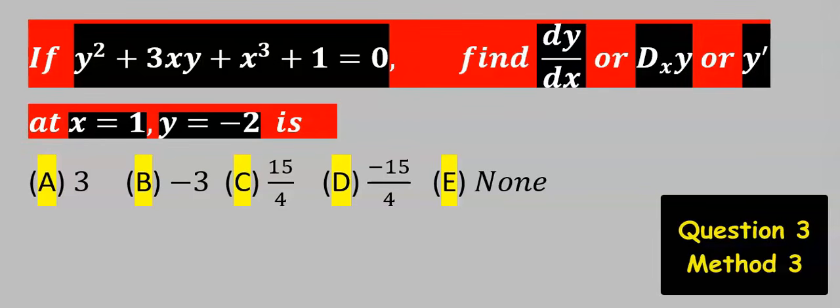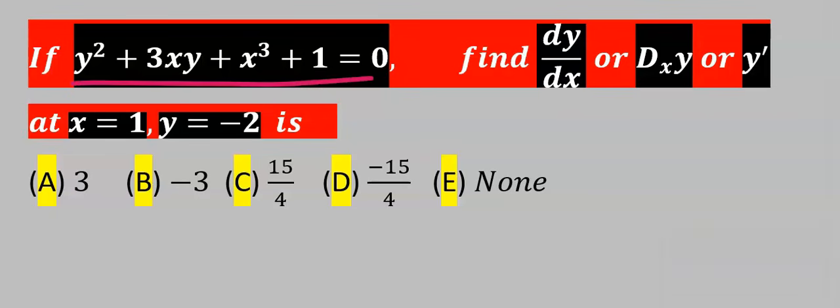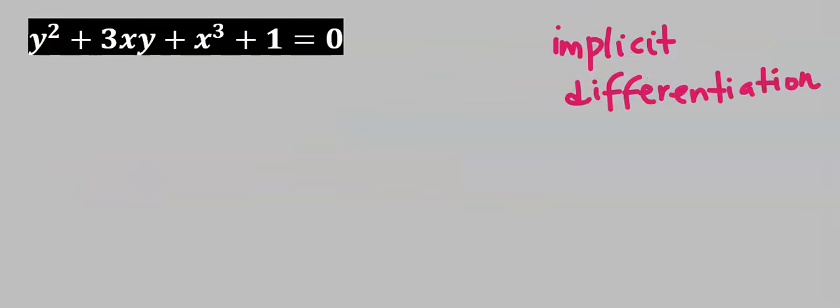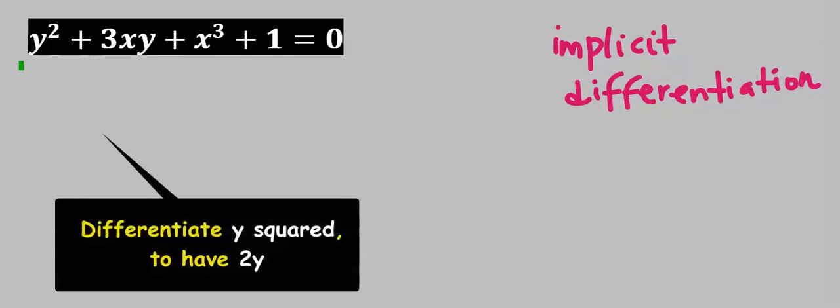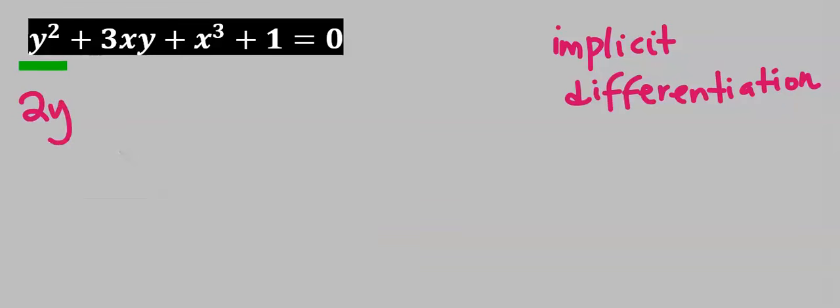Next, let's differentiate this function, and when we get the answer, we're going to substitute x is equal to 1 and y is equal to minus 2 in the dy dx. By implicit differentiation, differentiate y squared, and you're going to get 2y.